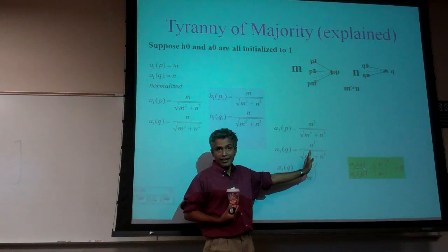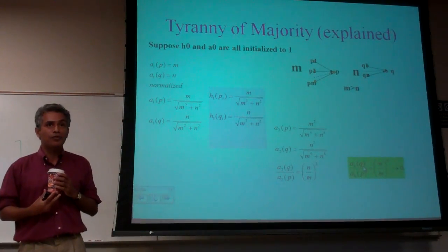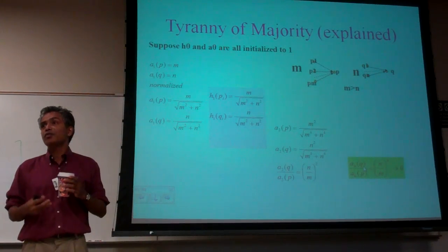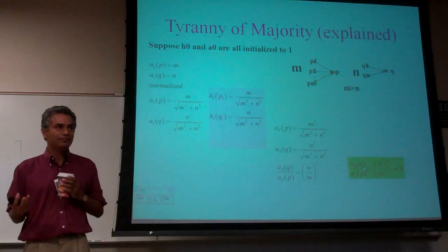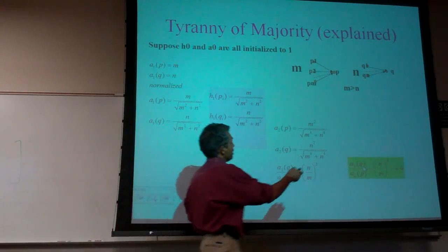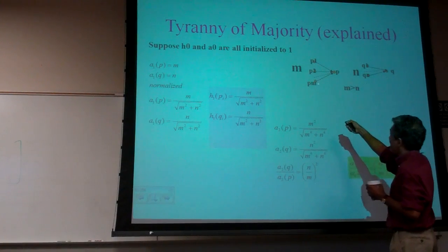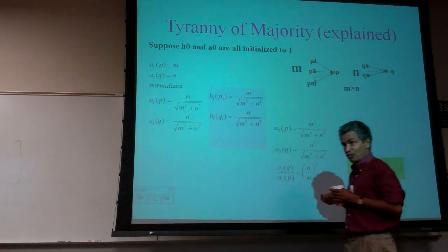So it looks as if there's only one mathematical reality in this course, which is that if ever you exponentiate a number less than 1, it becomes 0. That comes to your rescue again, because if N is less than M, or M is greater than N, then N by M is less than 1.